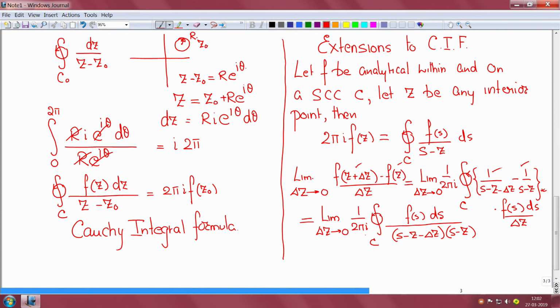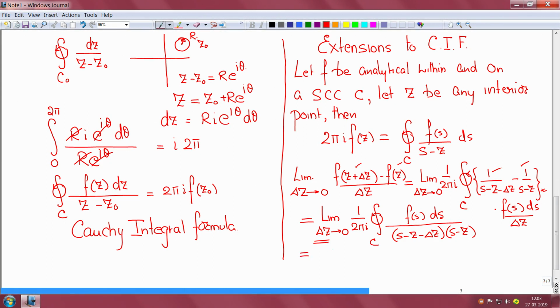Now the point to be made here is that f of s is well behaved everywhere inside. So I can straight away take the limit delta z going to 0 in here. It is not going to cause any issues. I am not violating singularities or creating any singularities. So delta z can be straight away taken in.